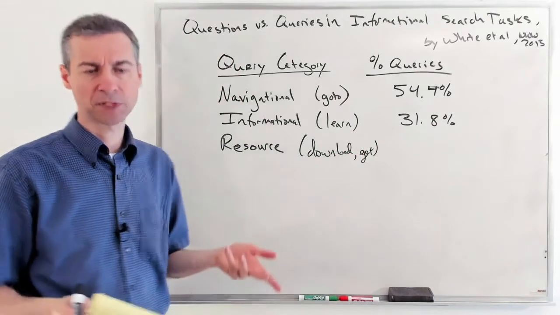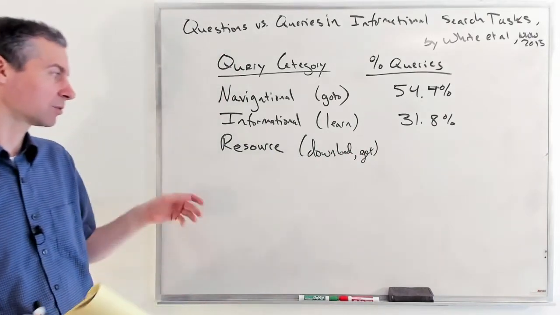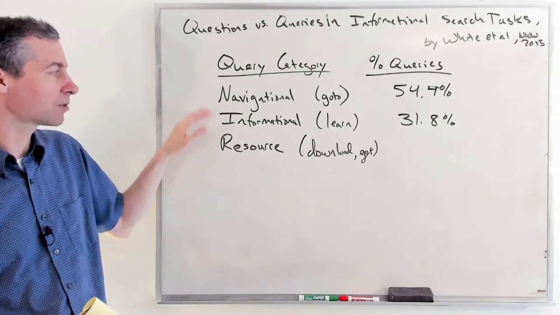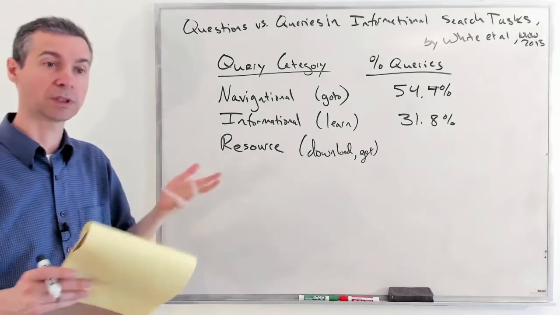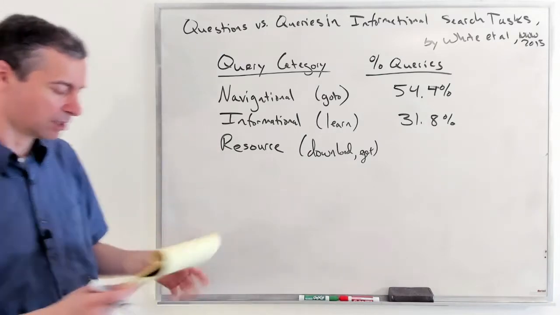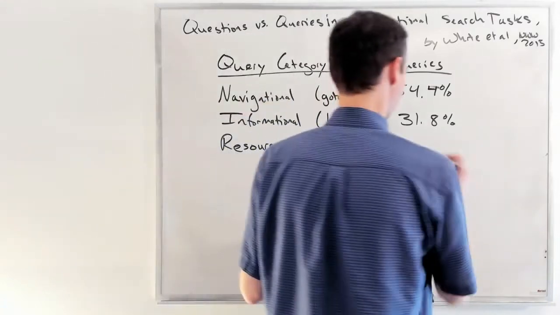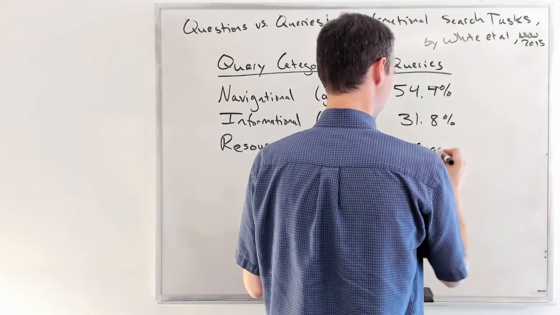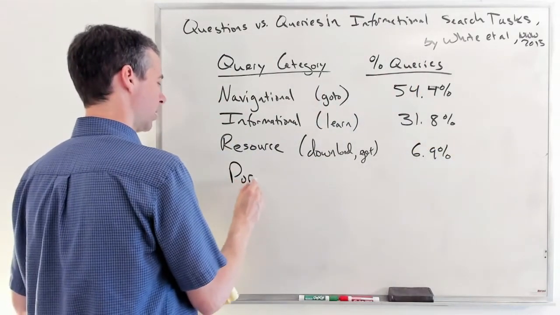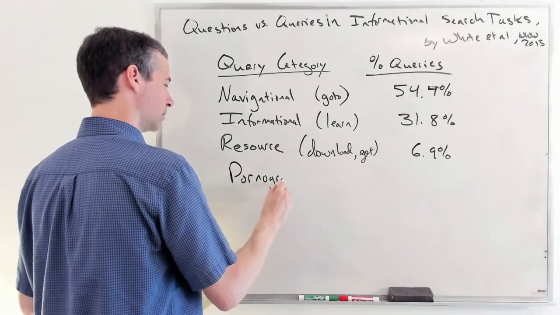They want a particular piece of software to download or so forth. And it's clear that that's what they're doing. They're not trying to get information about those items. They're not trying to go to some particular company's website. They're trying to actually get something, and they know what it is that they want. This makes up 6.9%.